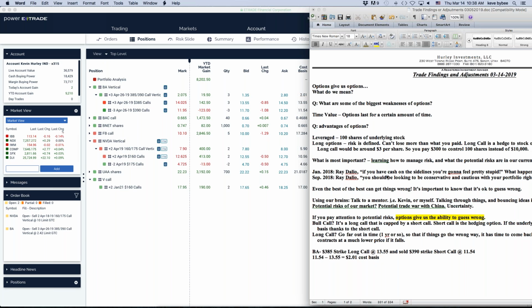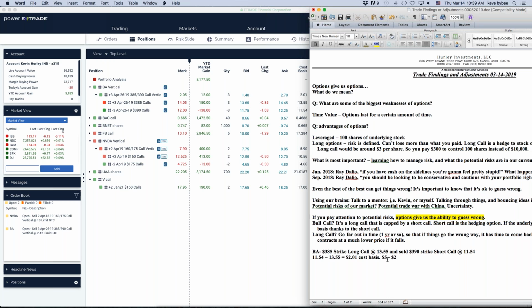Sorry, I'm struggling with the highlighters this morning. Risk $2 to make 5. Well, I should say 5 minus $2.